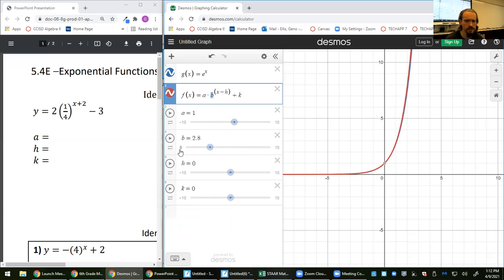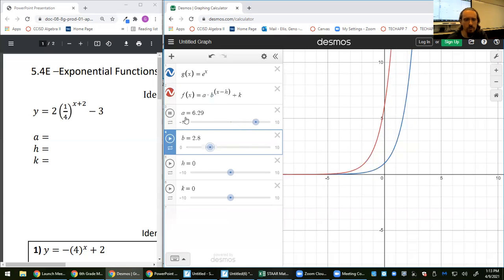So if you click down here where it says, and yours probably says -10 here, just click it. And we want to change this range from 0 to 10, because b cannot be negative. Then we can either adjust it manually, or what I learned today is you can hit this little play button, and you can see what happens as we change the values.